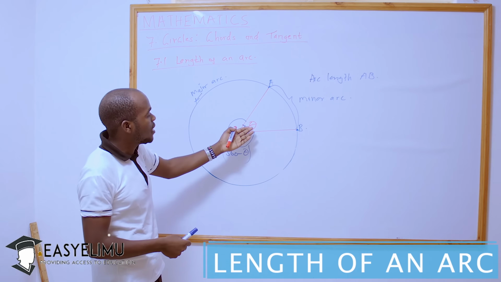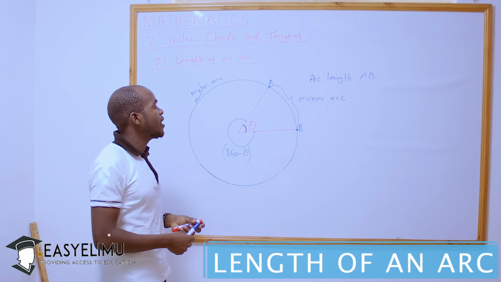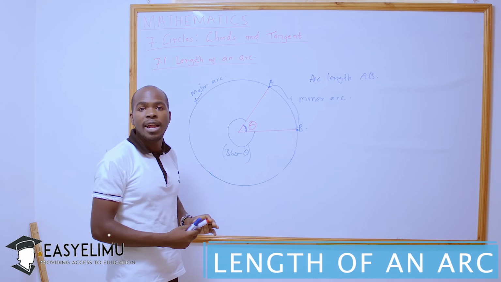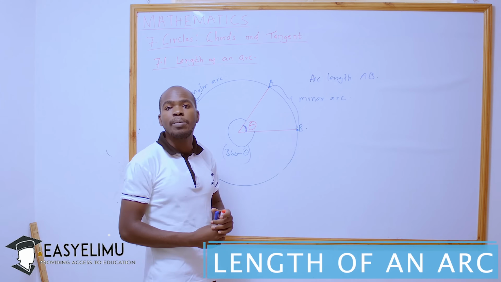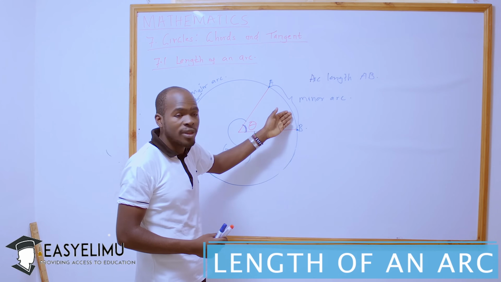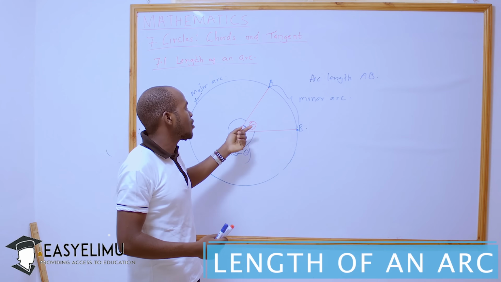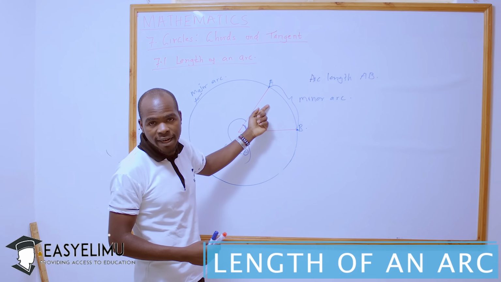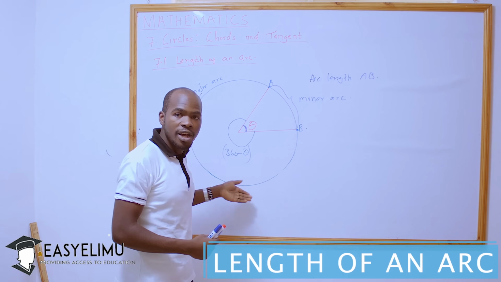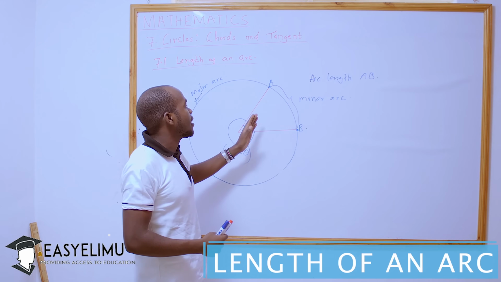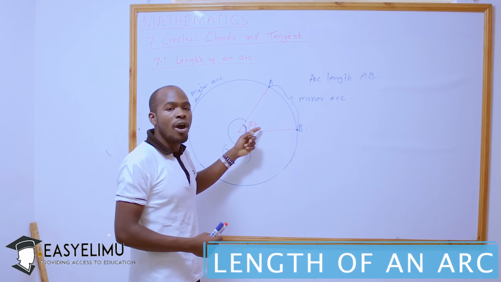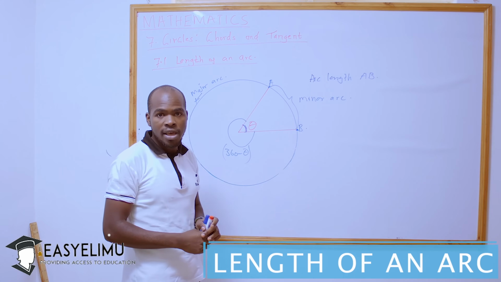For instance, given this one as theta, you may be given an angle and a radius and be told to find the arc length, or sometimes you may be provided with the arc length and be asked to find the angle if you have the radius. Or sometimes you may be given the circumference of the whole circle and the arc length and be asked to find the angle together with the radius.